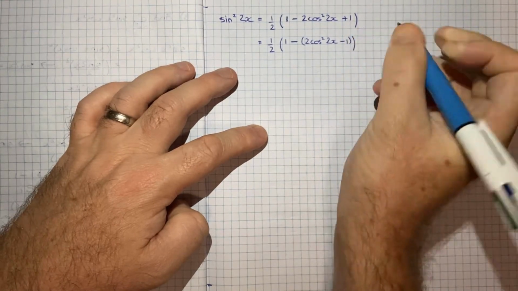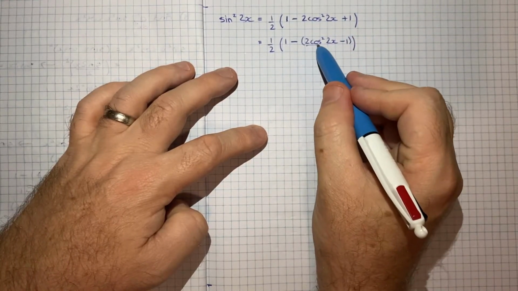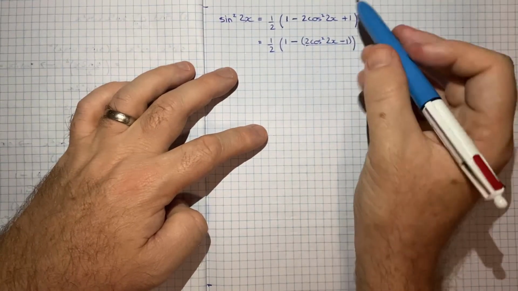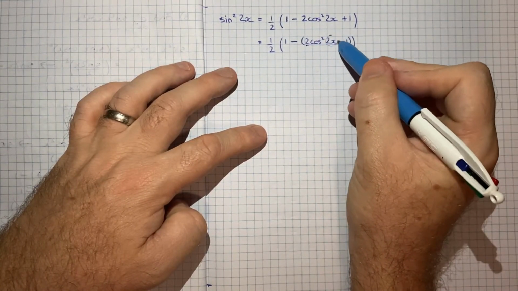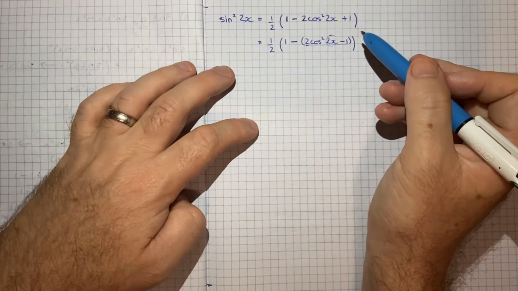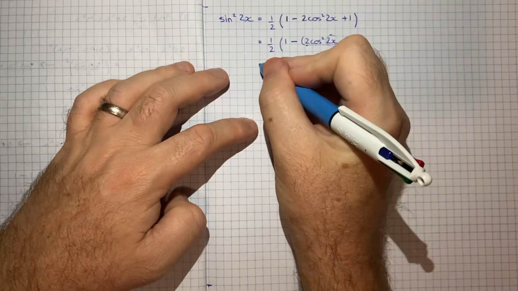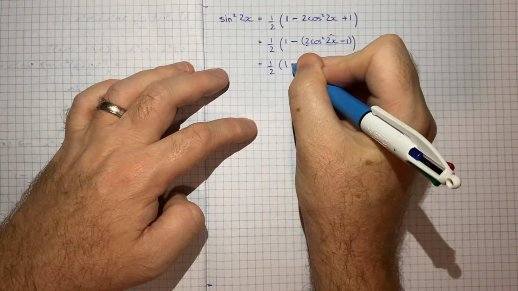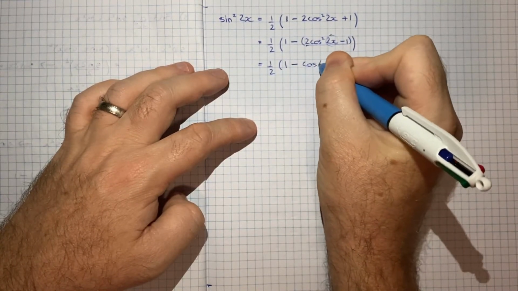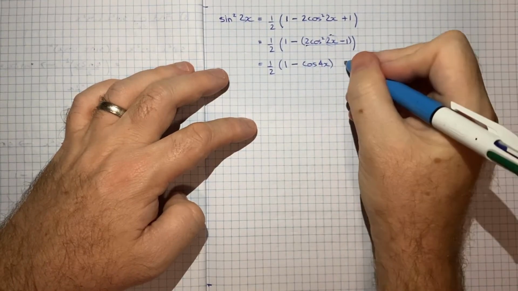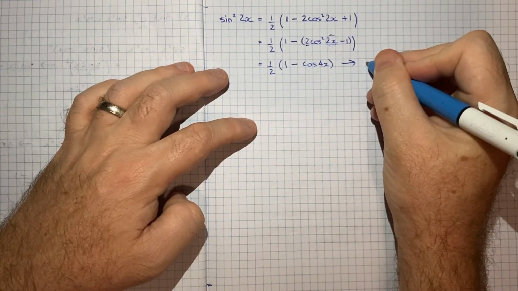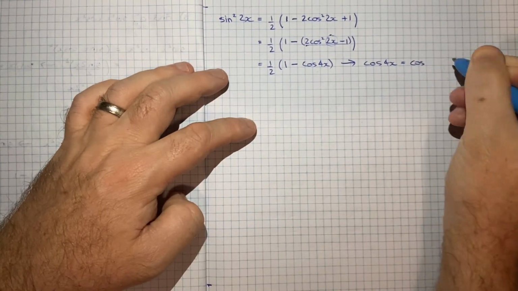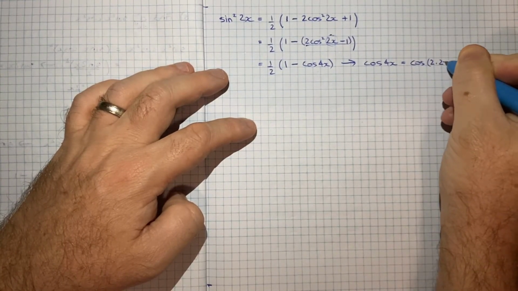And hopefully you see this is in the format of 2 cos squared x minus 1, but instead of x, it's 2x. So what we can actually say is that that is equal to a half times 1 minus cos 4x. And how I'm getting there is I'm saying cos 4x is essentially cos of 2 times 2x.